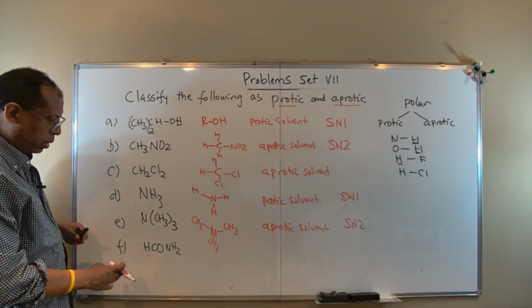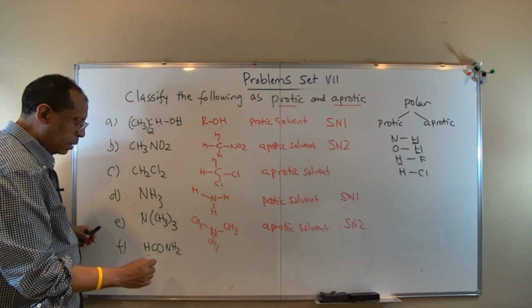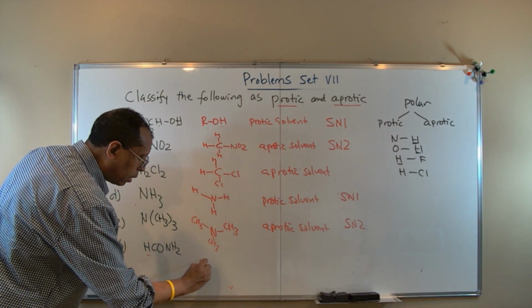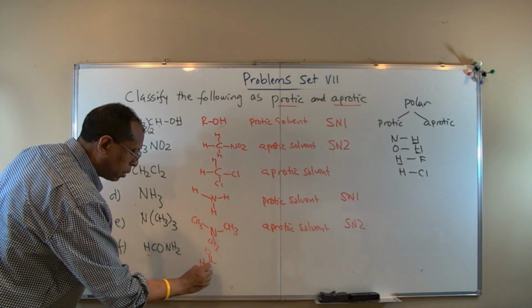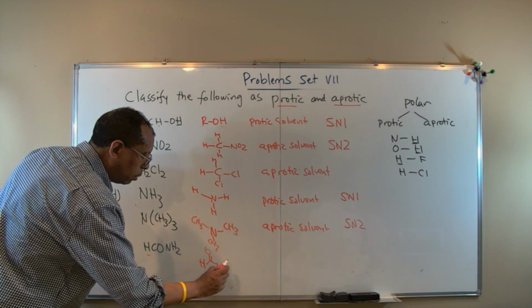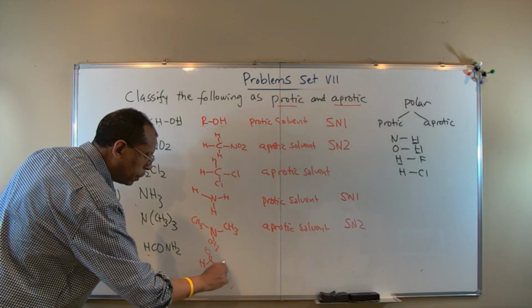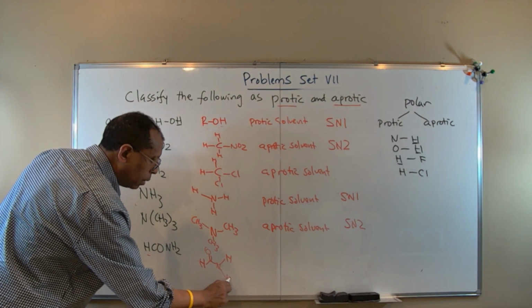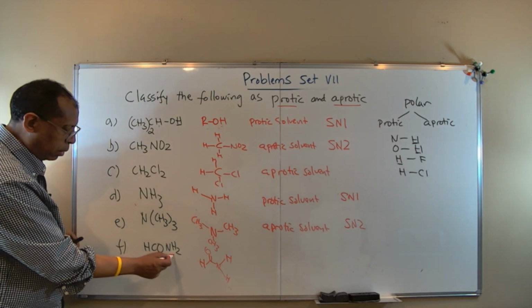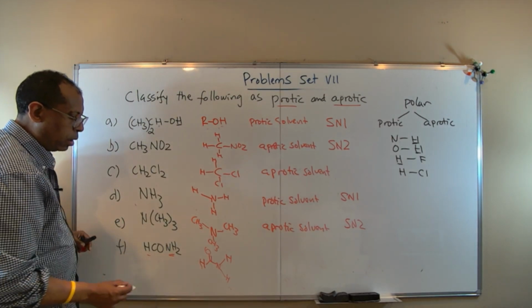The last one you have is formamide. The structure is like this. Practice also how to draw the structures. These are the two hydrogens, and this is the one hydrogen.